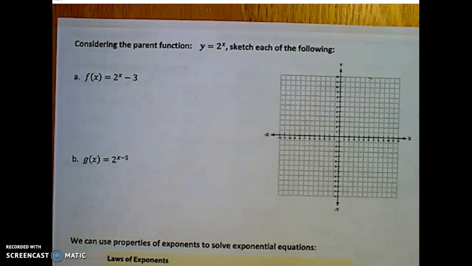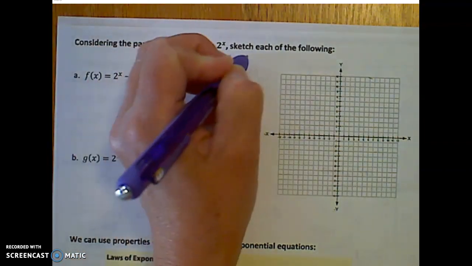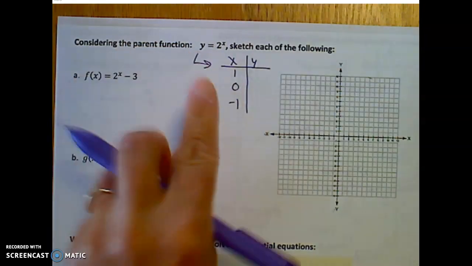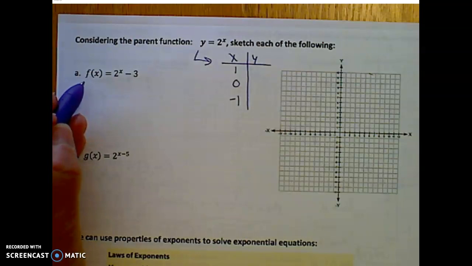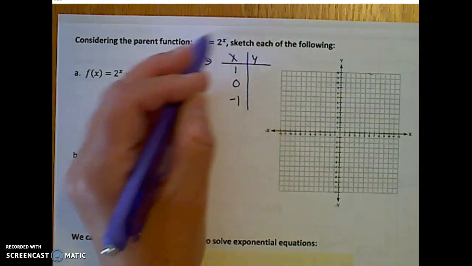All right, very nice. I'm going to ask you, just as a good review of some exponential functions, to imagine what this graph would look like. I would probably imagine some key points on this graph, x, y. When I plug in 1, 0, -1, what would that look like? And then I'm going to sketch this just using transformations. What does subtracting 3 do to that function?